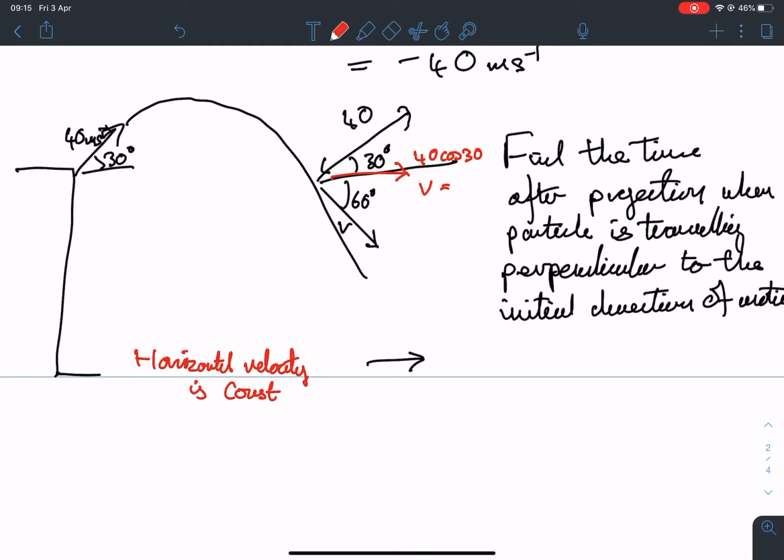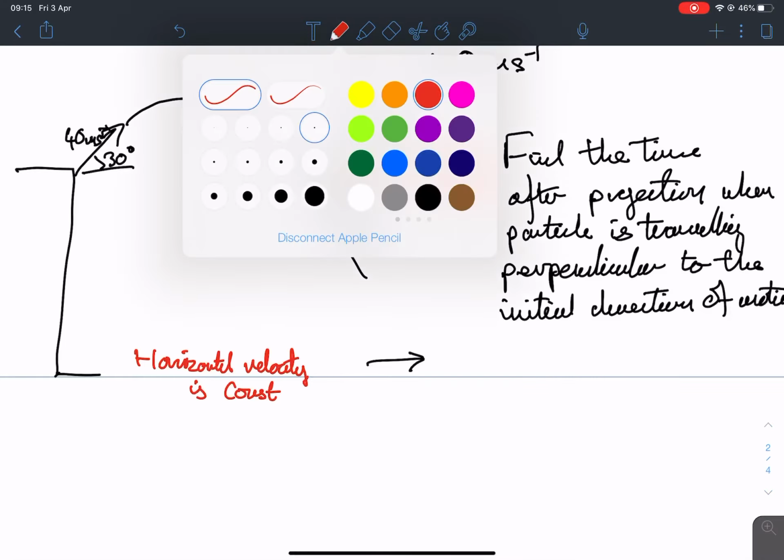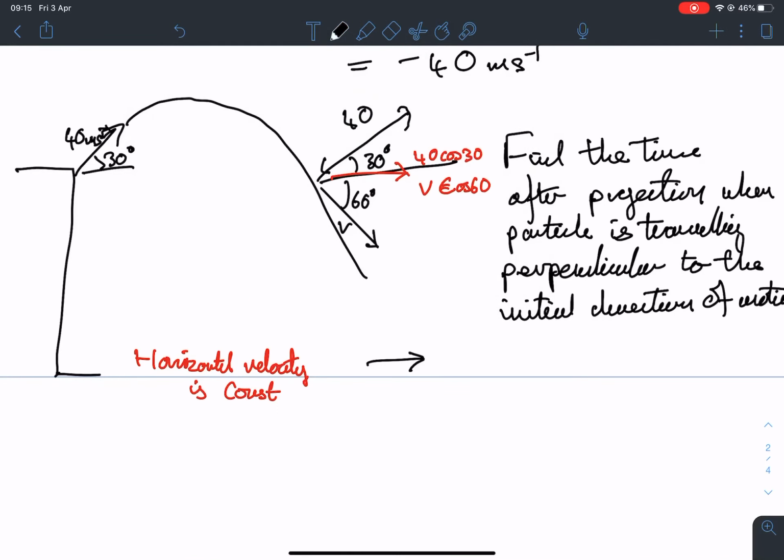So we know that it's projectile motion, and we want the direction to now be perpendicular to the original direction. So originally we had, let's just make that a little bit larger so we can add on to the diagram, 40 at 30 degrees.